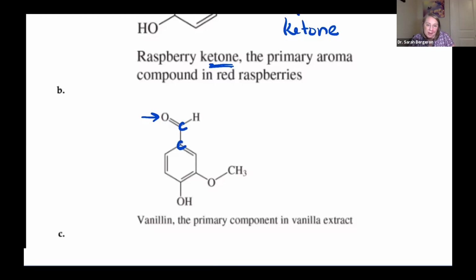Now there's my carbon. The only other thing attached to it is one carbon. If that is one carbon, that is going to be an aldehyde. And now we need to circle our aldehyde. So here's our aldehyde, and that's it. We're going to go do a few more practice problems.